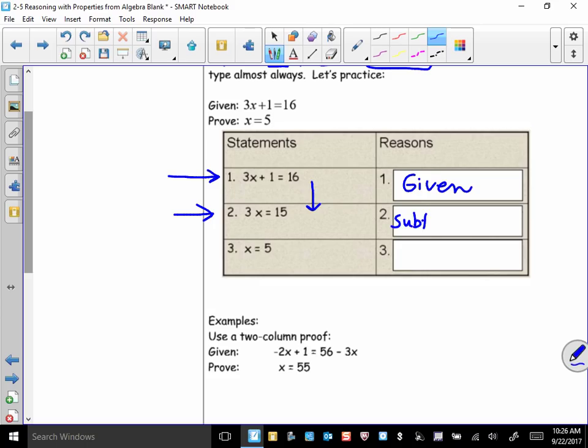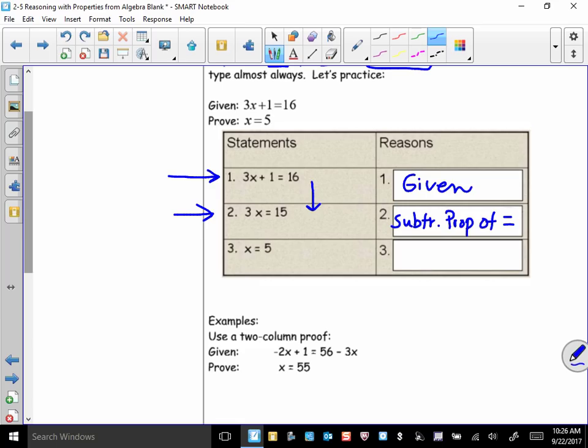So that's the subtraction property of equality, and I'm totally fine with you using abbreviations. All right, I would ask you to please not use cursive writing. Even if you have a beautiful, beautiful penmanship, it's very hard for me sometimes to read cursive. So just go ahead and print and feel free to abbreviate.